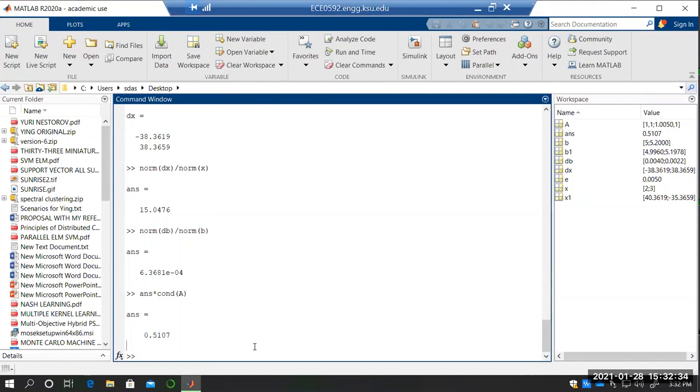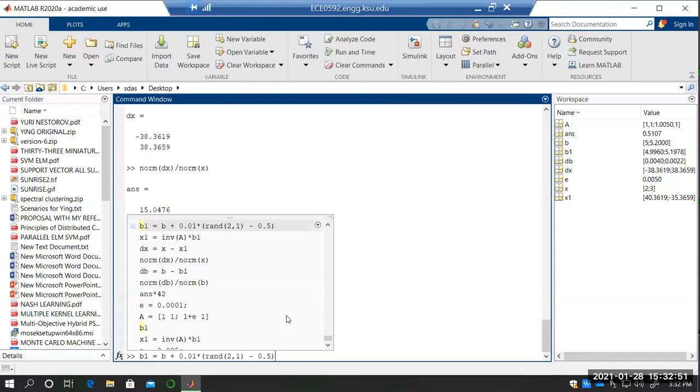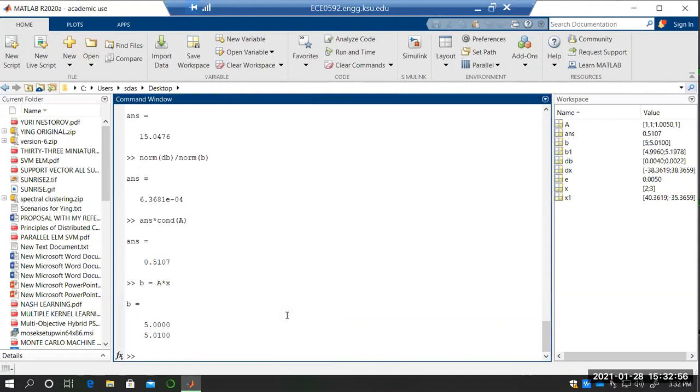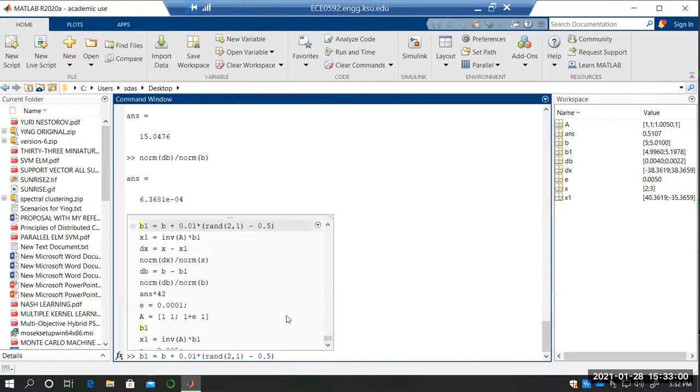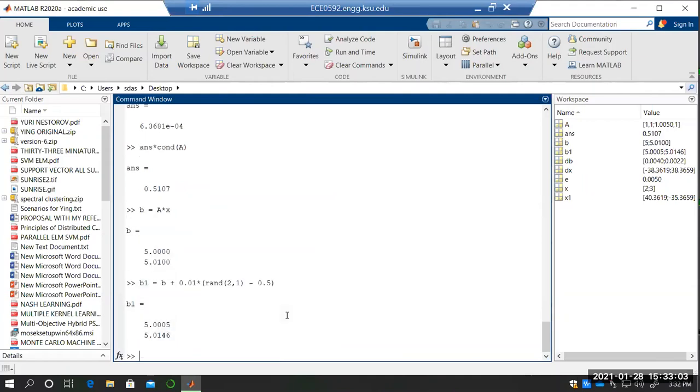I think the error in B, like we had to recalculate B. Oh yes, I got it. B, and then B, the same perturbation, right?